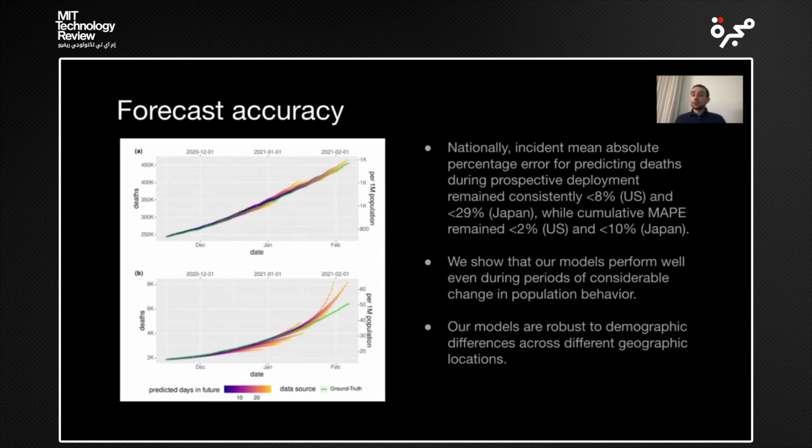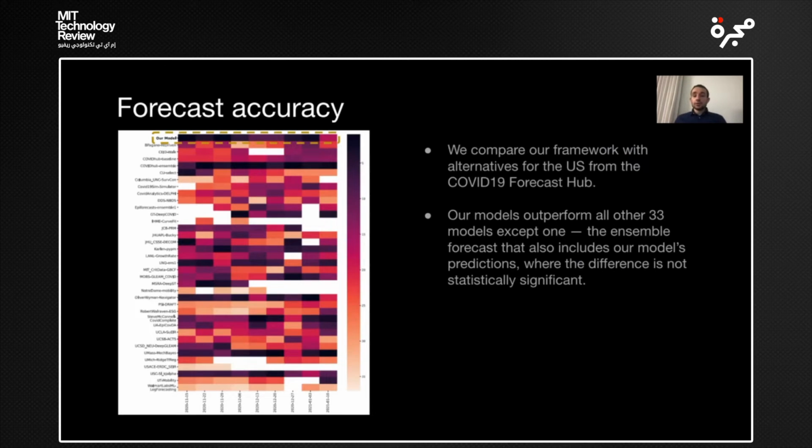So we have observed consistently high accuracy for different counties in the US or different prefectures in Japan. We compared our model to some of the alternatives out there, and here are many of the models proposed for the US, and we have demonstrated that our models outperform all other models except one, which is the ensemble one that also includes our model.